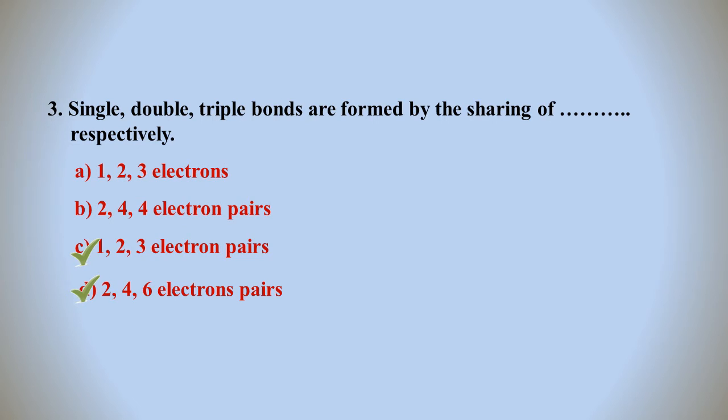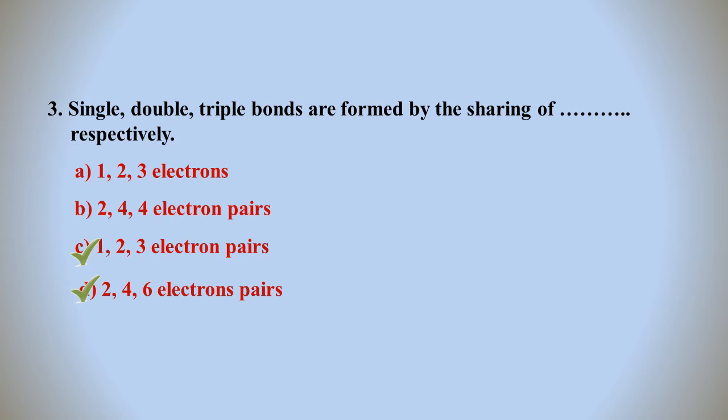But we can make a doubling of electron pairs by increasing the number of bonds inside a molecule. Like in ethene, we have one double bond and four single bonds, so we can double the bonds inside one molecule.